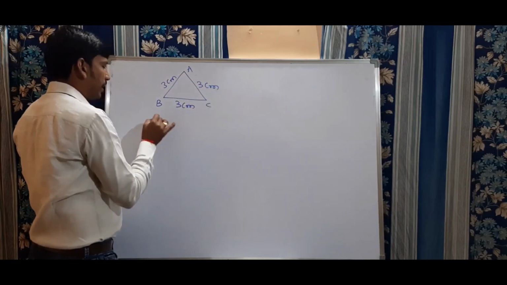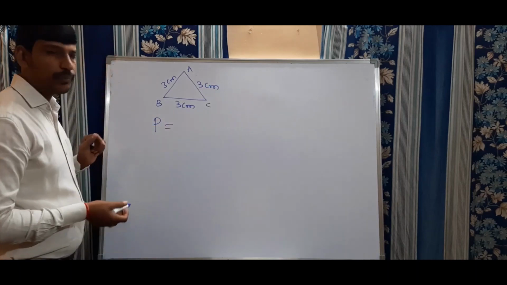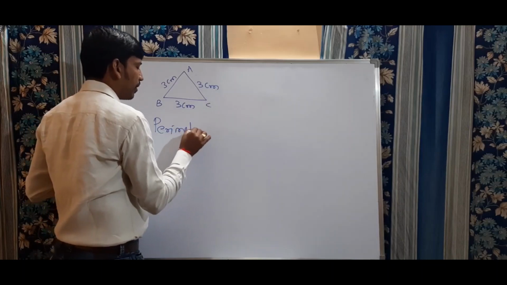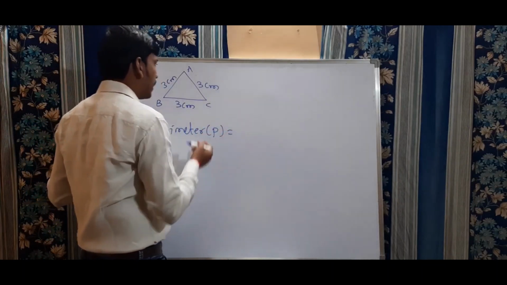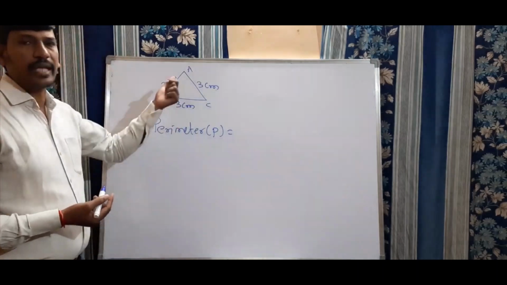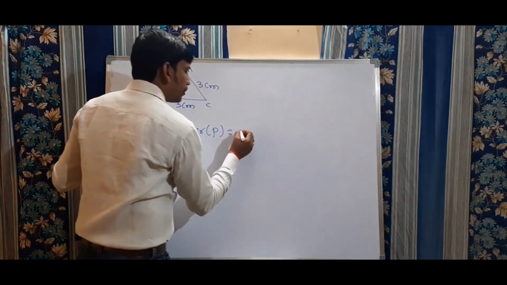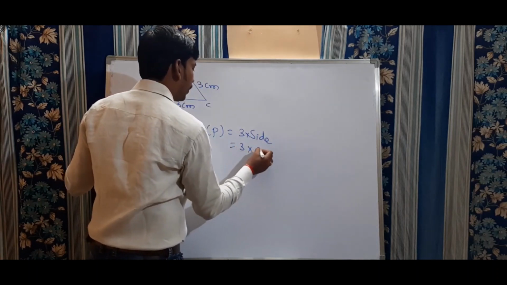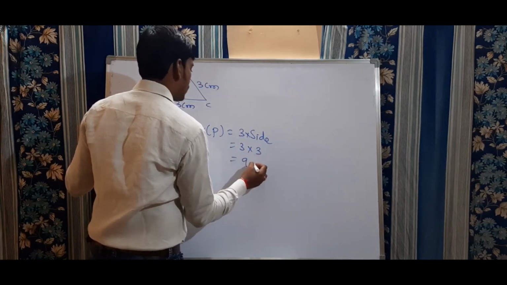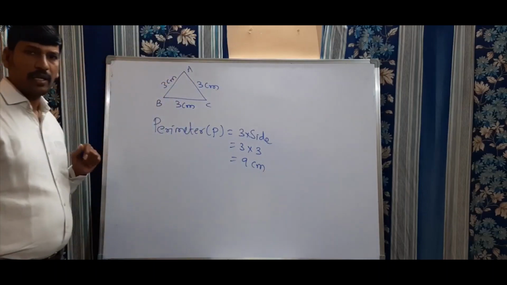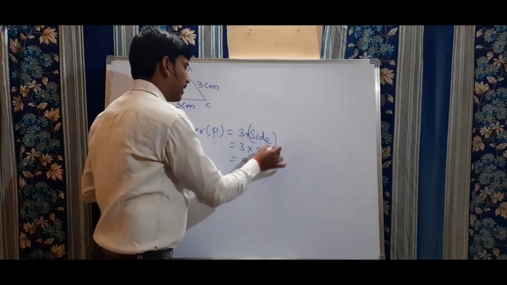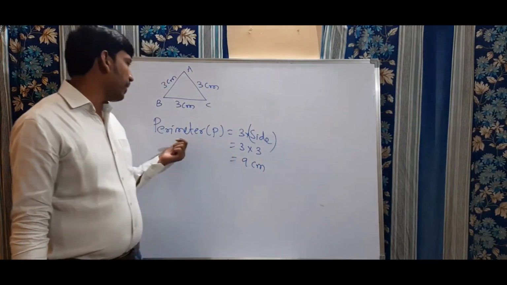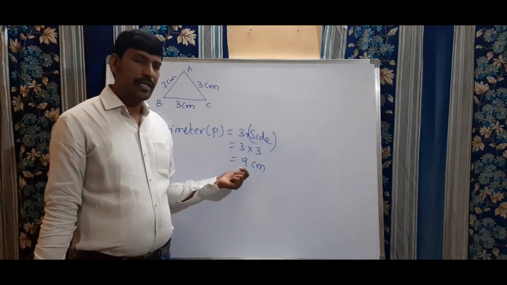Then how to find the perimeter? Perimeter P is the sum of all the sides. Here it is an equilateral triangle, so 3 into side, which is 3 into 3, that is 9 centimeters. Clear, my dears? There are only 3 sides and all sides are equal, so the perimeter of triangle ABC is 9 centimeters.